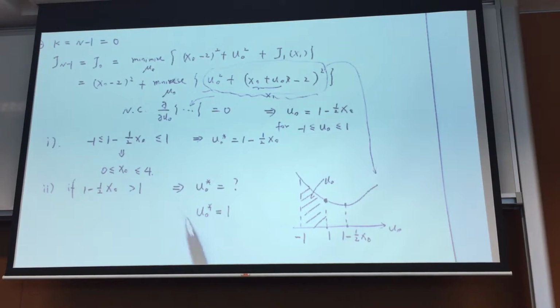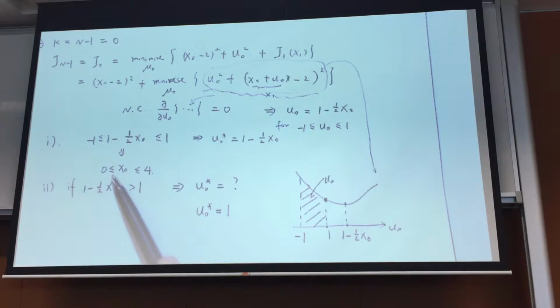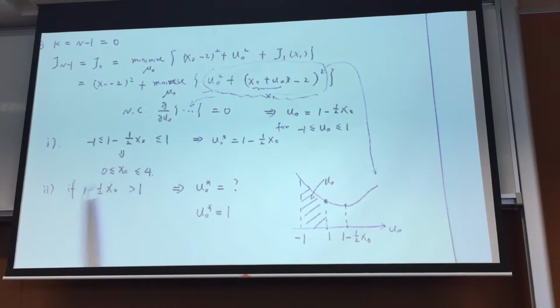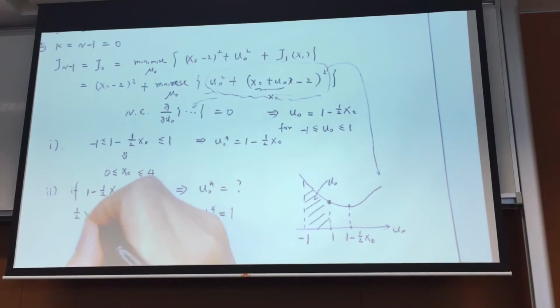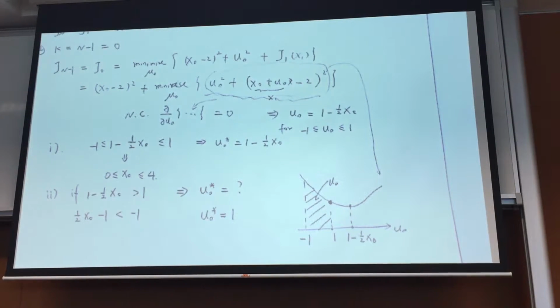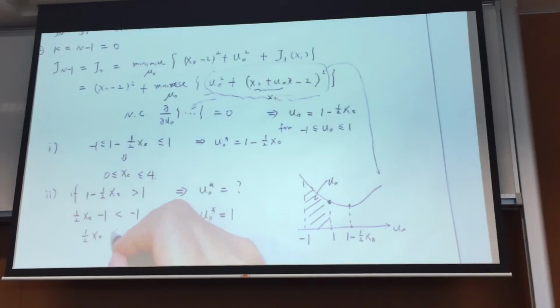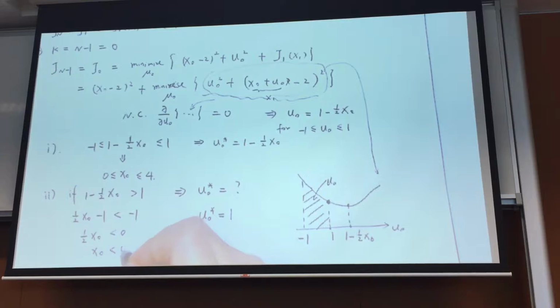If you can understand this solution, then the next is quite straightforward. We also rearrange this equation to get the range for x0. In this case, we have the half x0 minus 1 is smaller than minus 1, so the half x0 is smaller than 0, so x0 is smaller than 0.